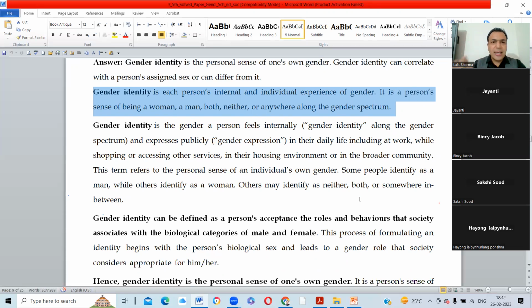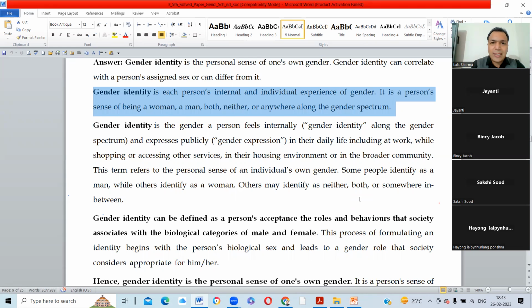It is a person's sense of being a woman or man or both or neither or anywhere along the gender spectrum. Whether he is male or female has nothing to do with it. It is about what he thinks, after he or she is born, what type of culture he gets from the media, from the friends, from the peers, whatever is entered in their conscious and subconscious mind, that makes the gender identity.